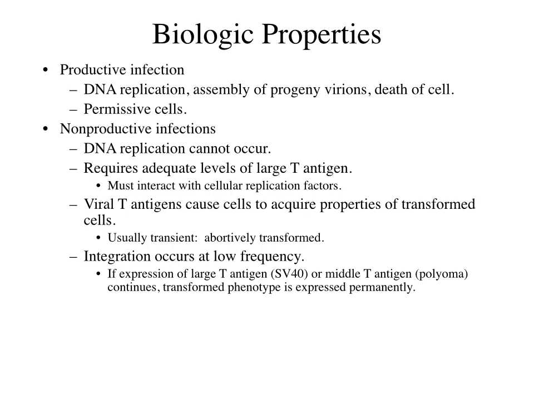The viral T antigens and their interaction with P53 and RB allow the cells to acquire the properties of transformed cells. Usually this transformation is a transient thing, and it becomes abortively transformed.